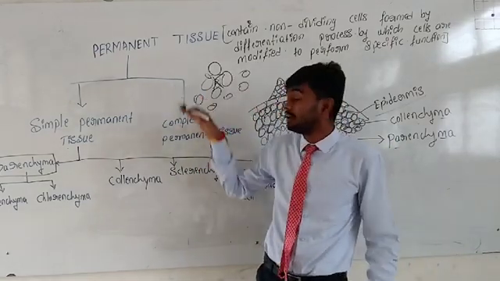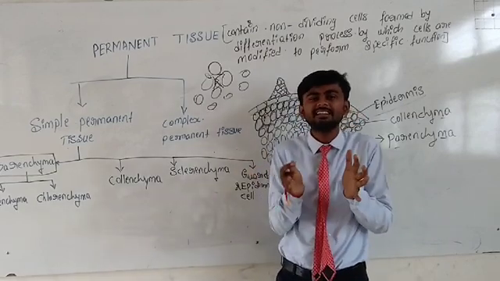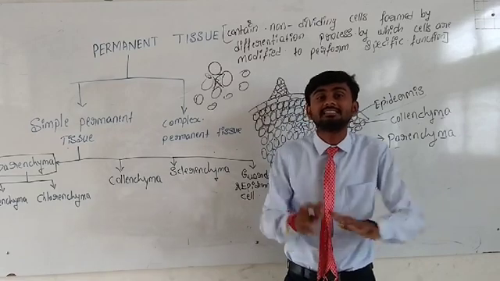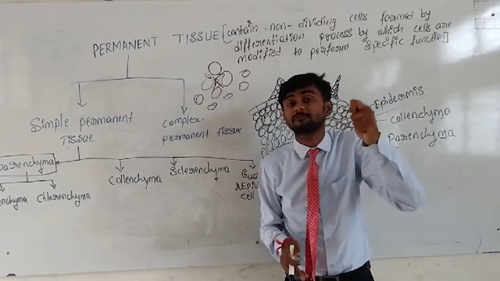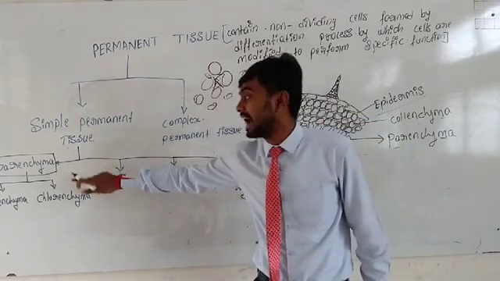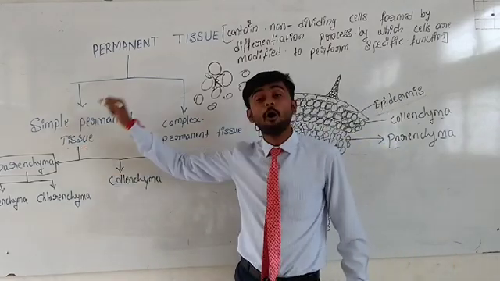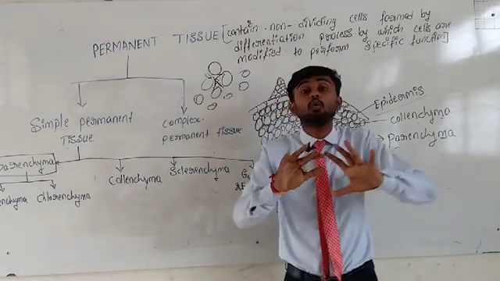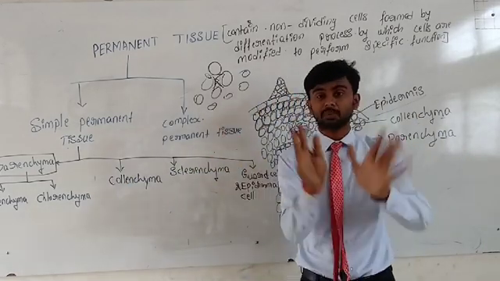You can see a large number of intercellular spaces, that is, empty space. A large number of intercellular spaces are present in parenchyma cells. The parenchyma cells are loosely arranged in the presence of intercellular space.